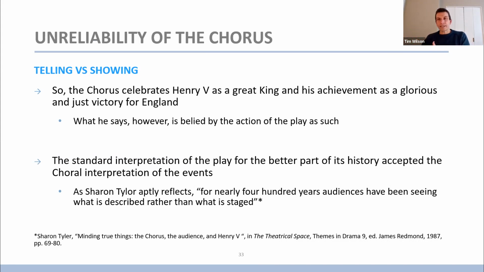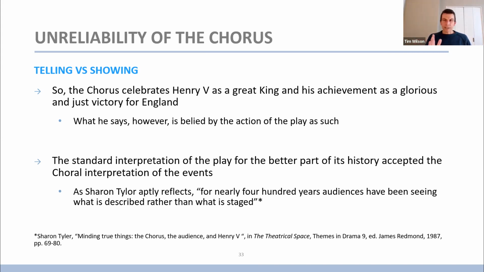And then what we actually see happening is in some ways in tension with that. And so I'll just point out that the standard interpretation of the play for the longest time has been solely this interpretation that sees it as a celebration of an English triumph, not at all as self-questioning.